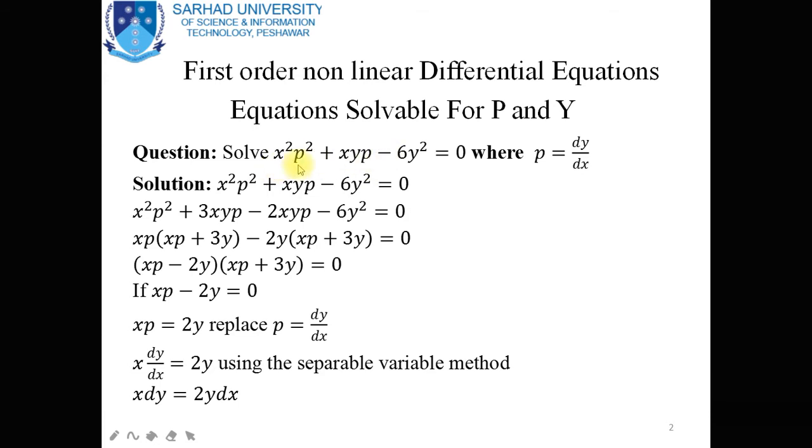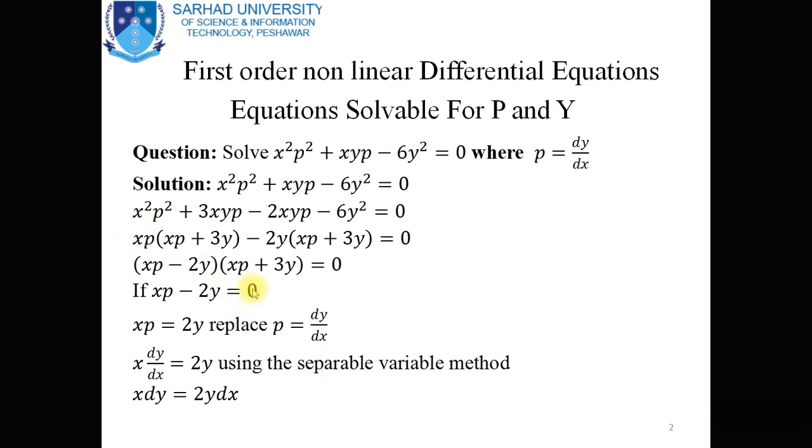So a first order non-linear differential equation is factorized when the equation is solvable for p. We factorize the equation and obtain first order differential equations. When there are two factors, each factor will be a first order differential equation.